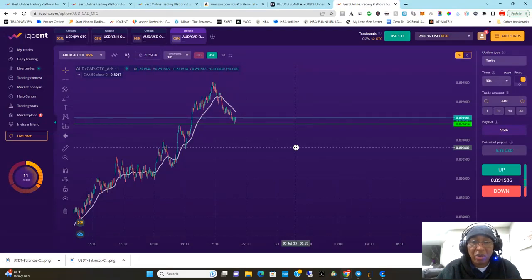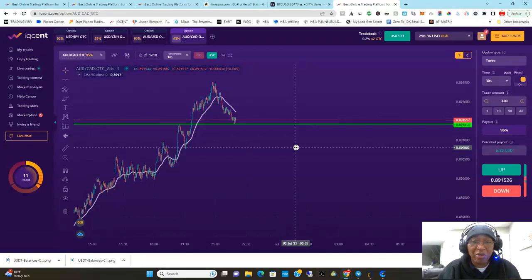Now, there's another technique that we learned many years ago, and that has been used for many years, where you can hedge your position. So you take a trade in one direction, and as soon as you realize in the first few seconds that it's going in the opposite direction, you can take a trade in the opposite direction. So your loss is going to be very minimal.